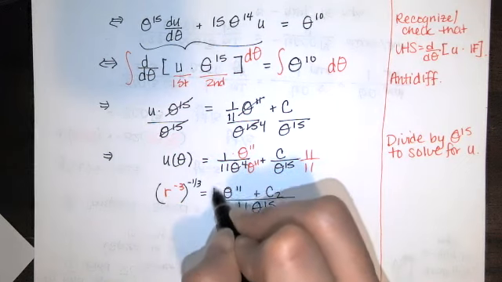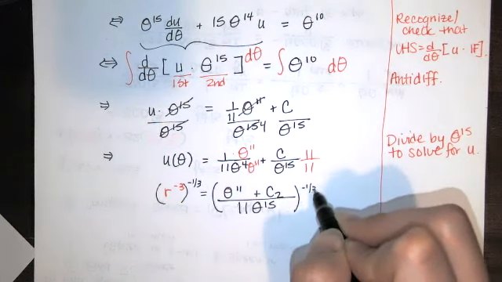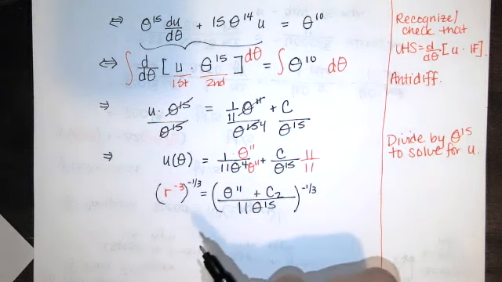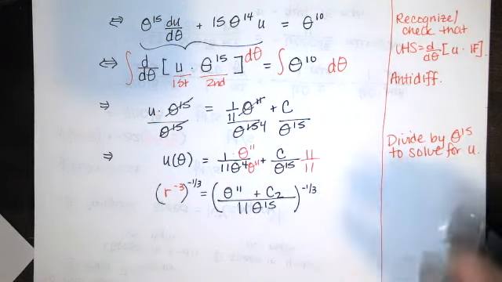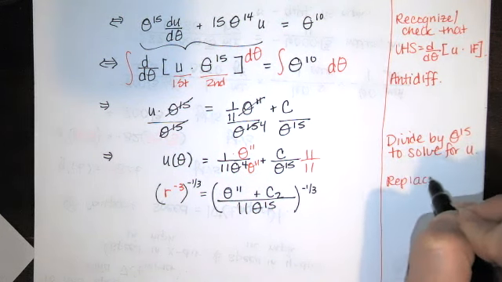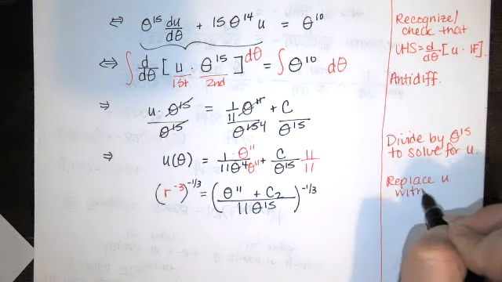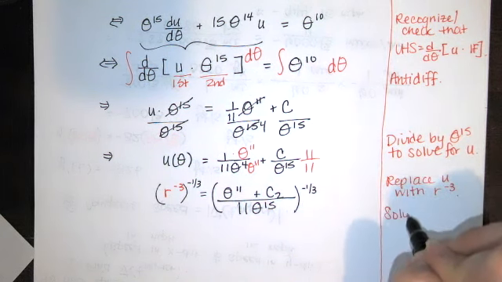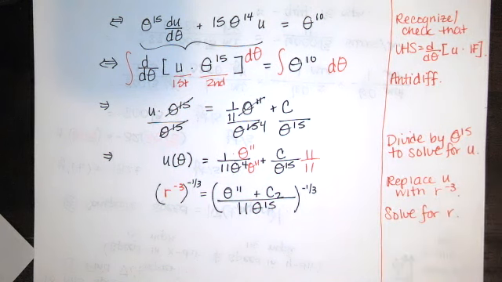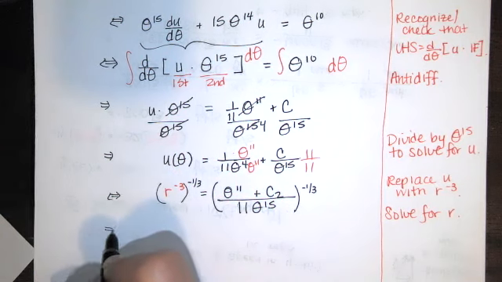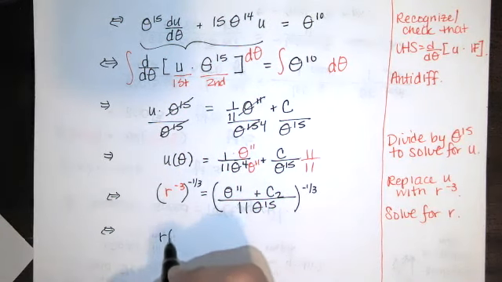Now that I have a common denominator, and I'm trying to get r by itself, I'll raise both sides to the -1/3 power. You're just going to raise both sides to the reciprocal power to isolate r. And when we do that, we end up with this.